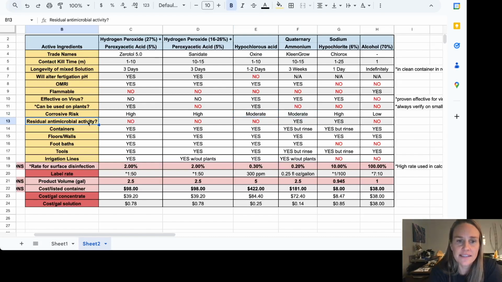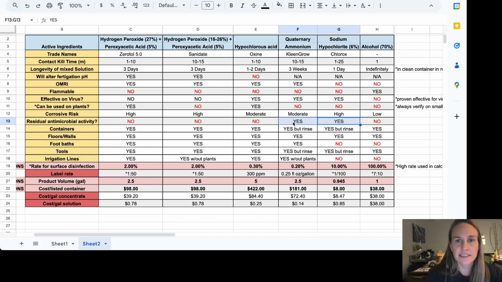Residual activity. This is an interesting one. Like I was talking about earlier, residual activity is just the amount of time it will continue to kill once it's applied to the material. And it's a no for everything except quinary ammonium and sodium hypochlorite.